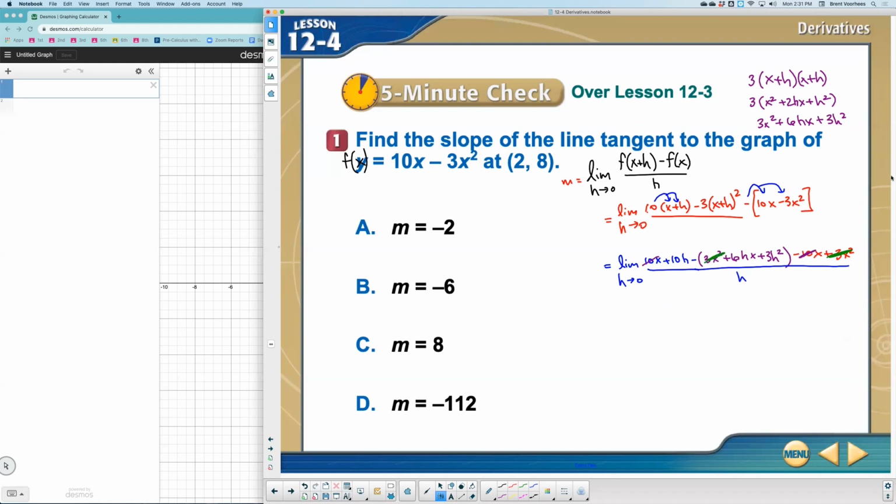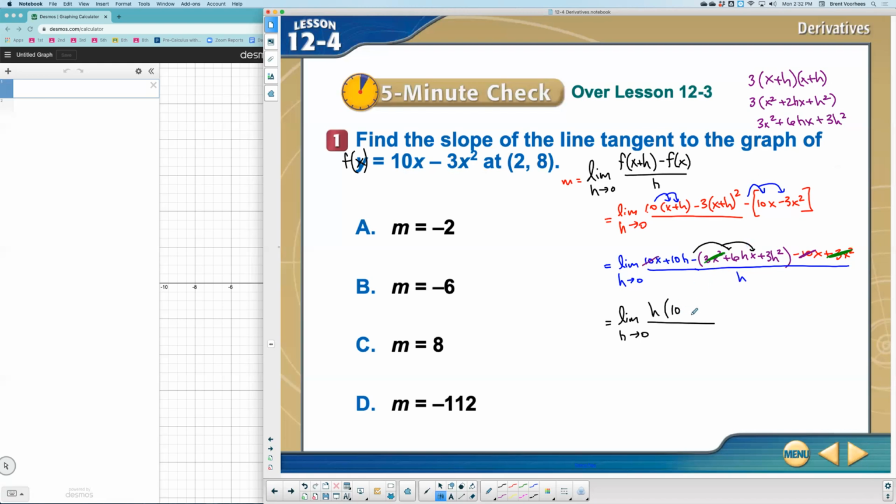So I'll rewrite this, and while I rewrite it, I will factor out everything that has a shared h value. I'll factor out the h and ask what that leaves me with. Well, it leaves me with 10 here. I need to distribute, so it'll be a negative 6h, so the negative goes here and there.